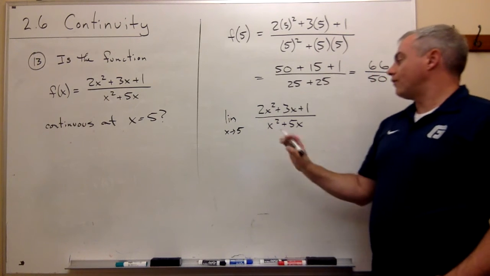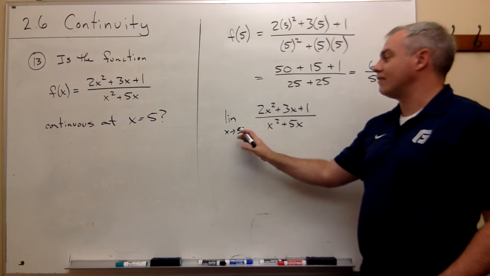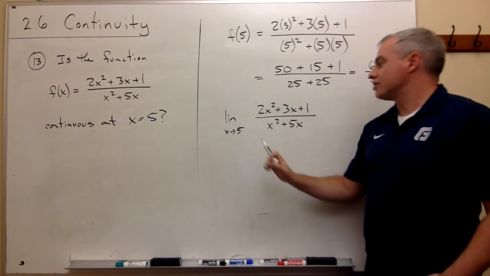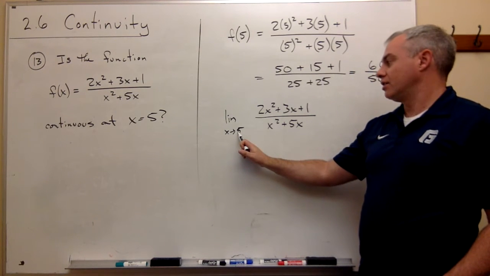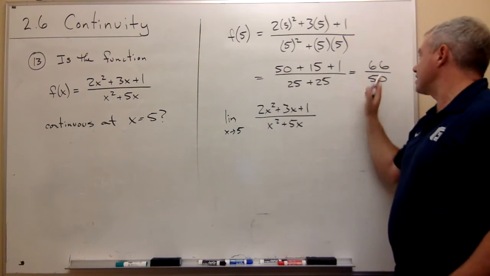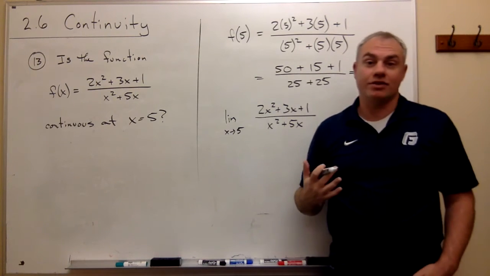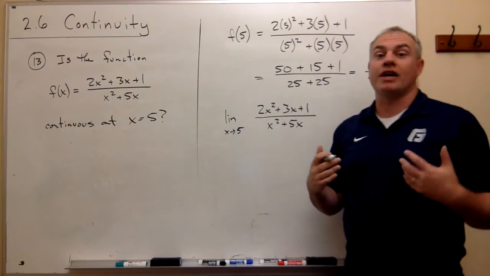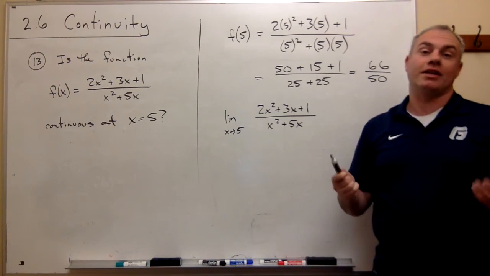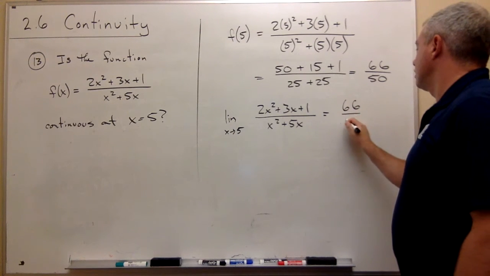First, can I just plug in 5 without creating any division by 0? I just plugged in 5 up above and got 66 over 50. So I'm not going to get division by 0, and I don't have to worry about any particular factoring or anything like that.